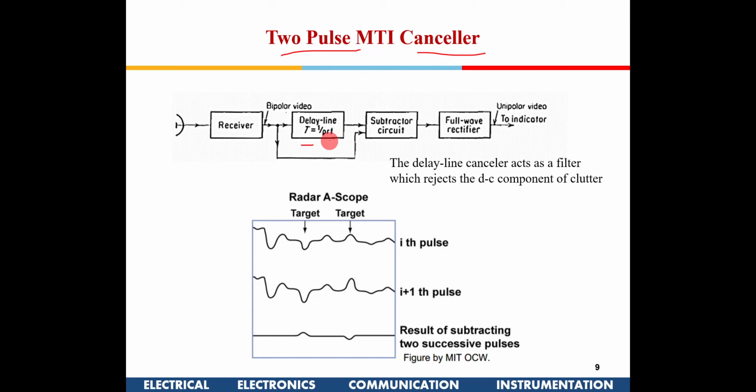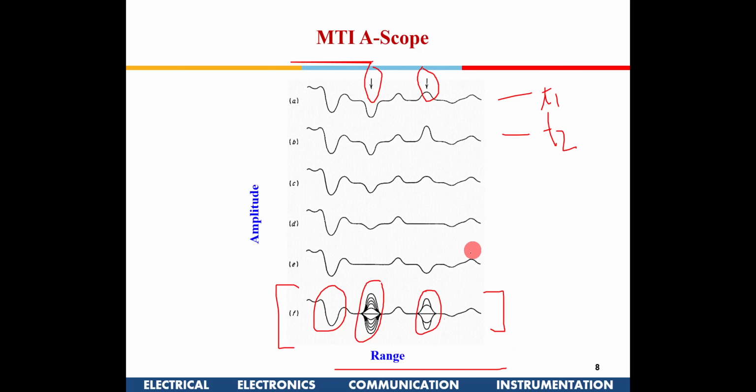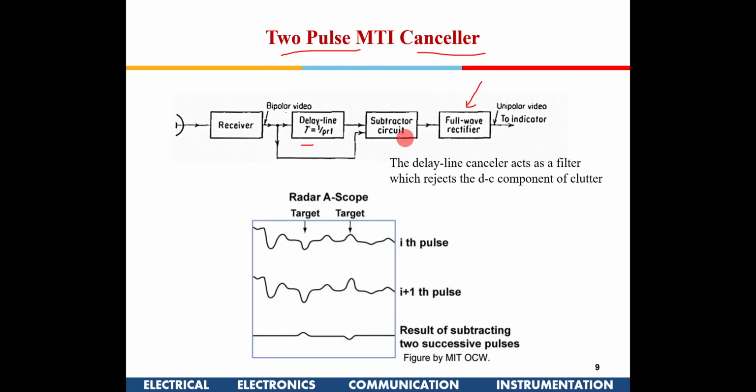Then you subtract the signal, and then you have a full wave rectifier, because we are not bothered about whether it is positive or negative. We just want a good blip out here. So what we are doing is delaying it by one time period.